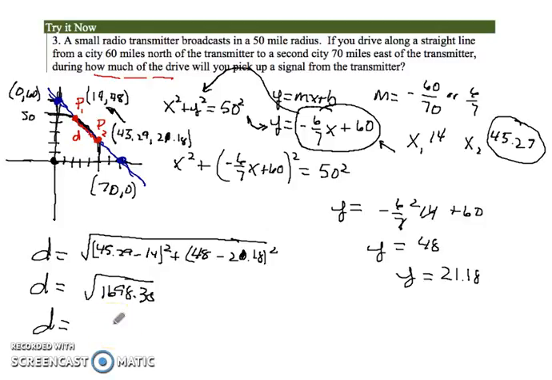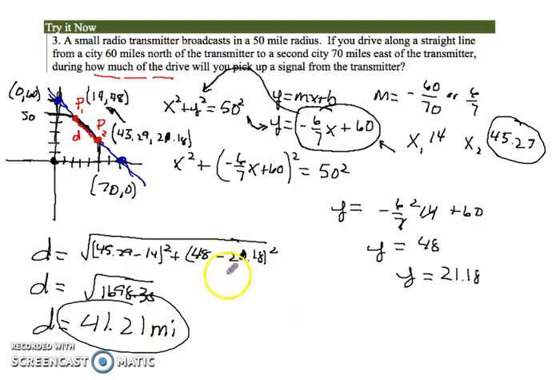1698.38. Let's see, 41.21. Now remember, it's miles.